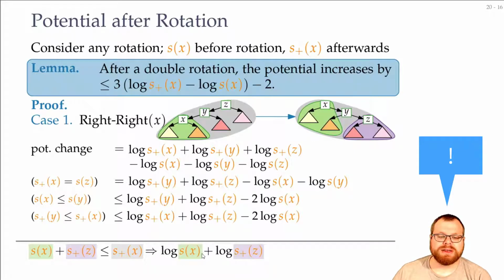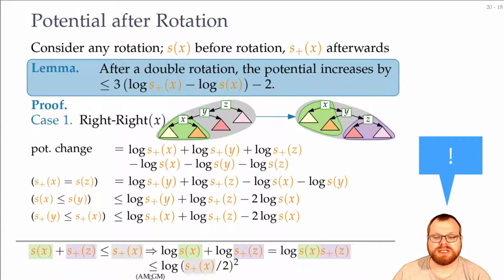Because if we look at the sum of the logs of these two, we can use a standard logarithmic function. This is just log s of x times s plus of z. And then we can use the arithmetic mean, geometric mean, that tells us this product of these two is at most the gray divided by 2 squared.